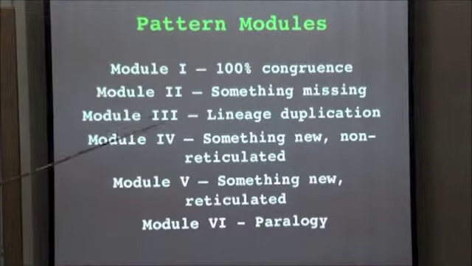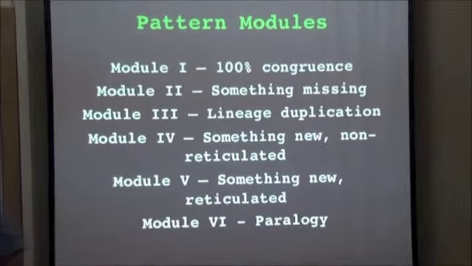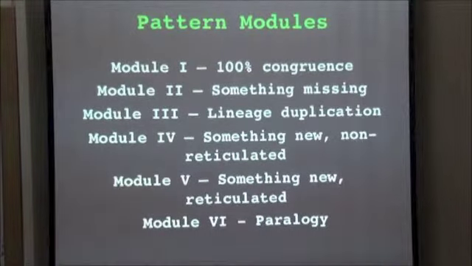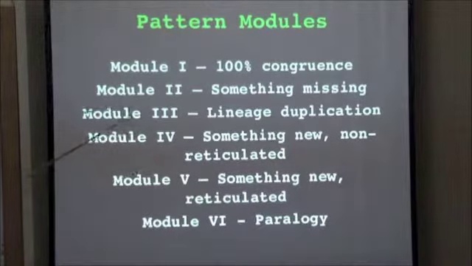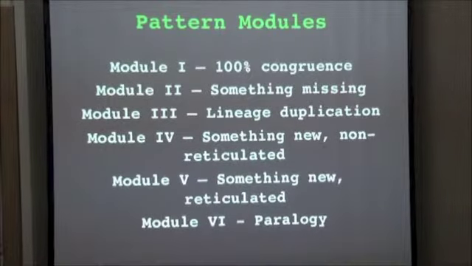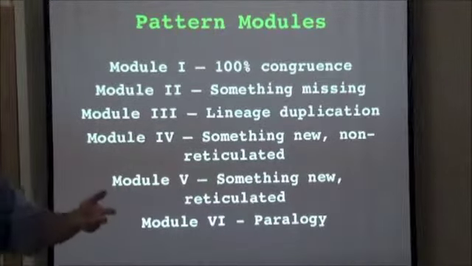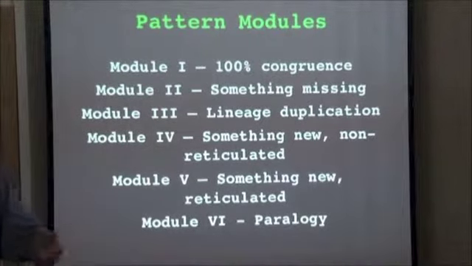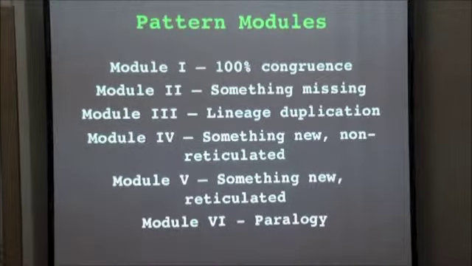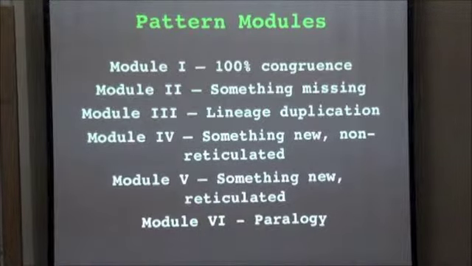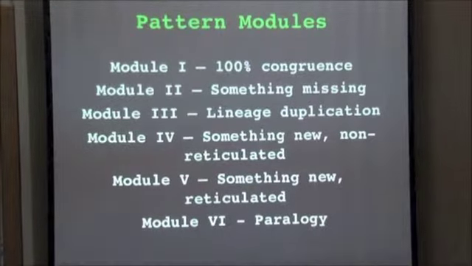The second module where there's something in the template, the original, that is not in the new tree. Something where you have lineage duplication. Something where new information is added in the new tree that does not produce a reticulation. Something in which new information is added that does produce a reticulation. And then finally, there's this issue of paralogy.